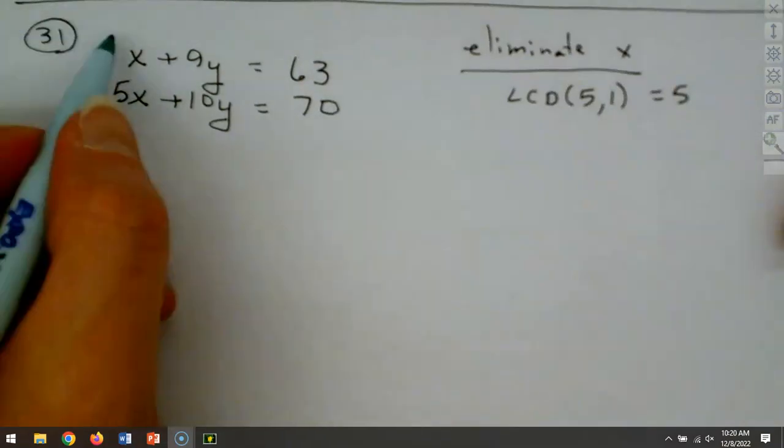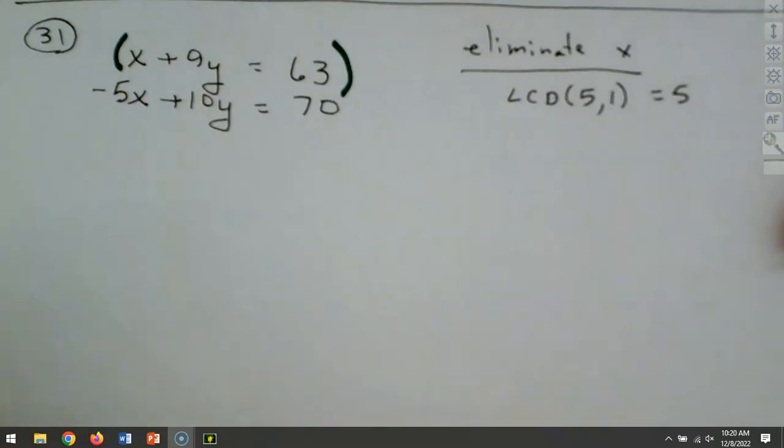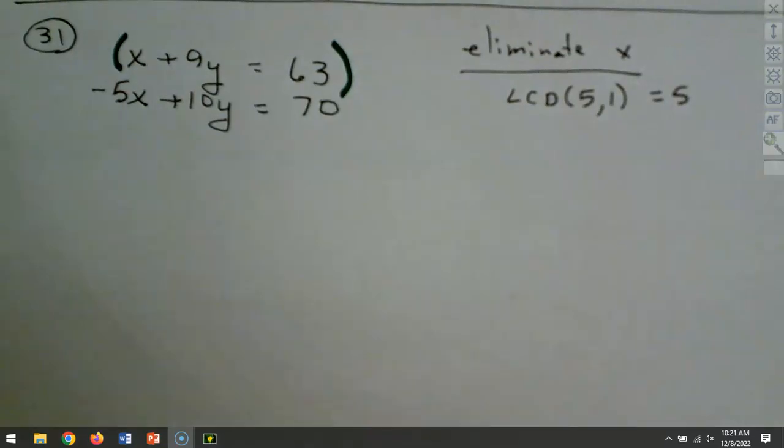The second equation is already done for us, but the top equation, what am I going to multiply it by? What am I going to multiply the top row by? 5 or negative 5? Which one? Can anyone tell me which one I'd multiply it by? I would use a positive 5, right? Why would I use a positive and not a negative? Because you need to make sure they're opposites in signs, right?